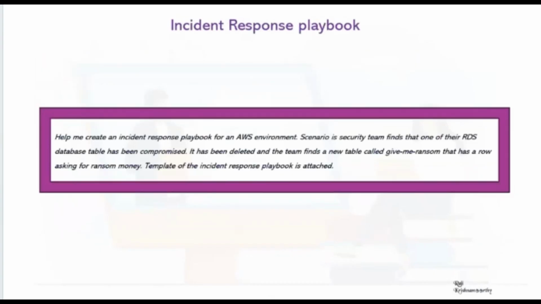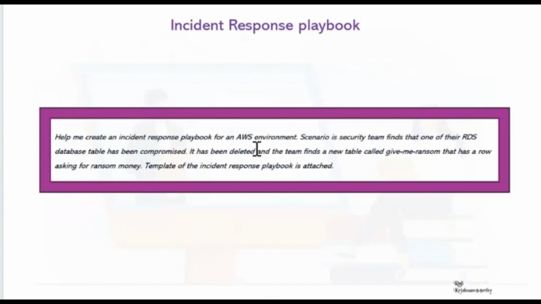Okay. So next, the final use case that I have is again a scenario, a use case where we spend a lot of time, and it's basically documentation, but you should also be clear on the subject as well. So this is about writing the incident response playbook.